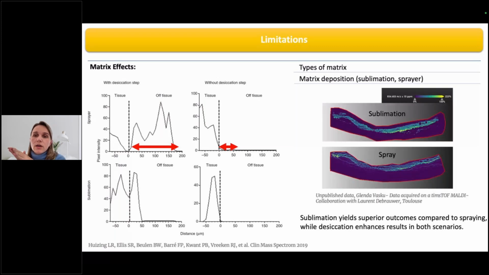For instance, here on your right, we have an example of my data. Here, once again, it is the representation of the human retina, and it's very subtle, but we can see on your first figure that through sublimation, we obtain a much higher intensity of our lipid compared to spray, which is a little bit more sparse and less concentrated. So once again, sublimation yields superior outcomes compared to spraying, while desiccation enhances results in both scenarios.